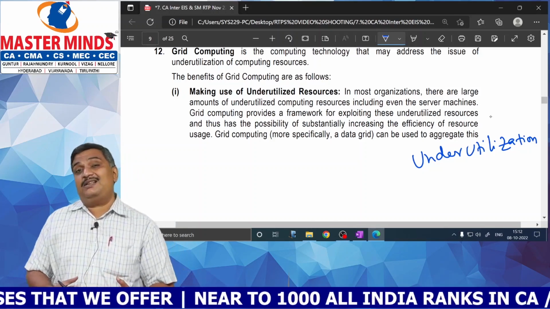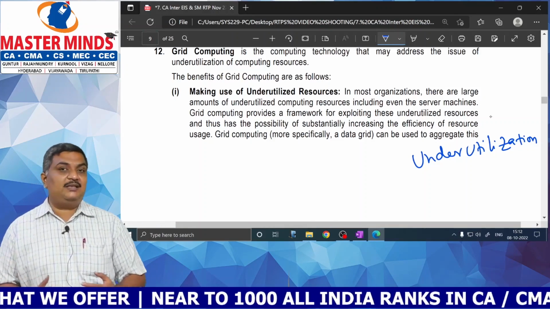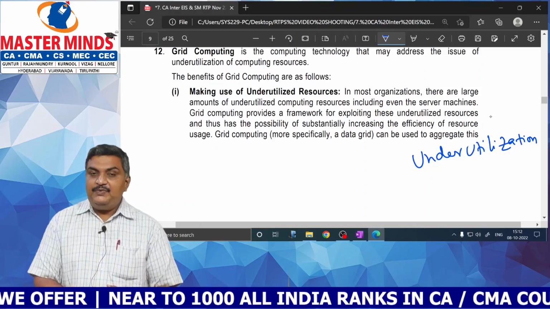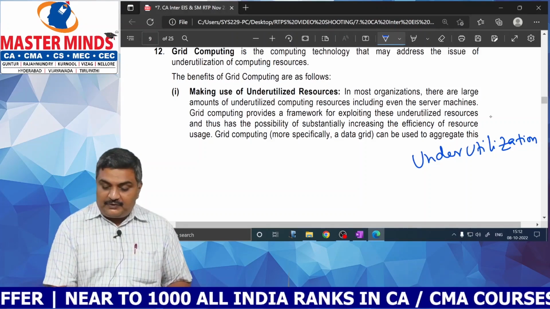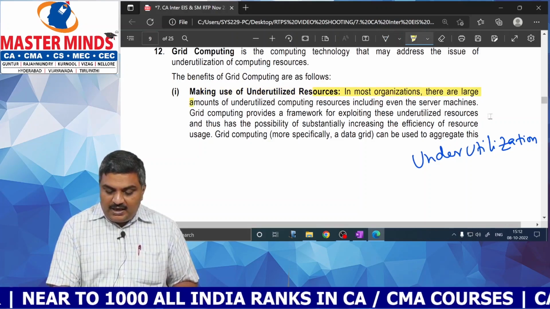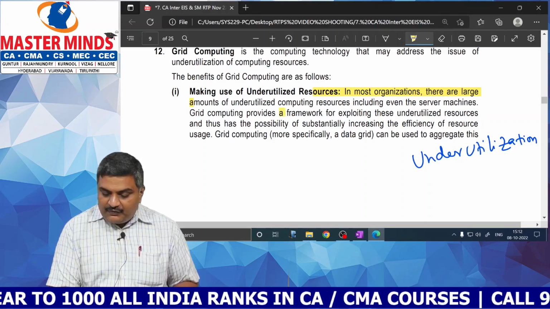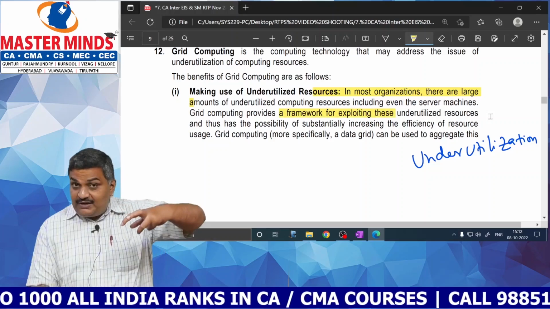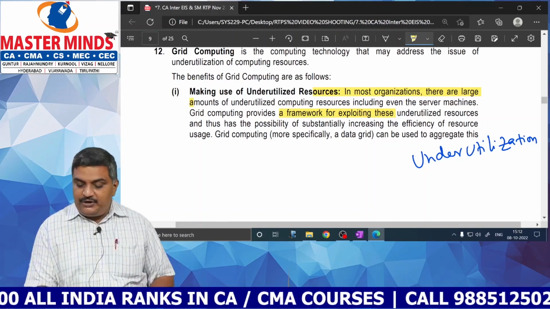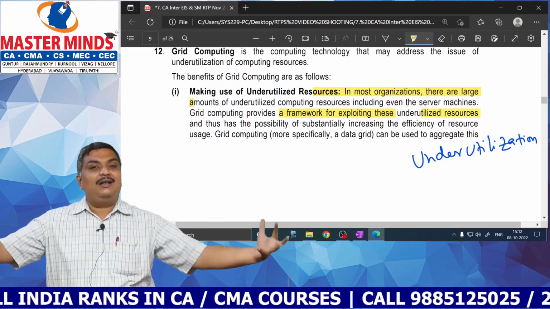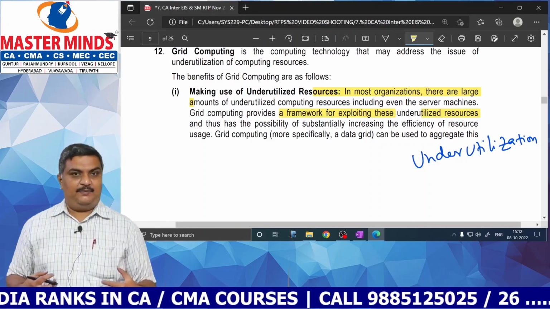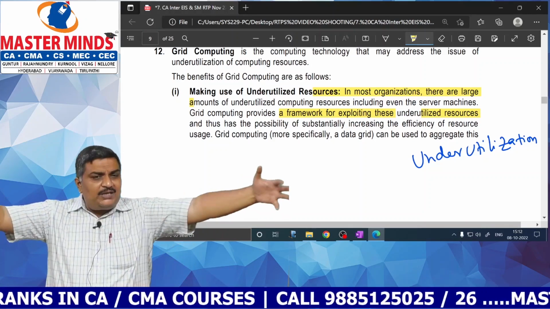At some places, the processors may be underutilized, the memory may be underutilized. So this grid framework provides a framework for exploiting, for tapping those underutilized resources and getting them collected at one place. Many things are wasted at many places.